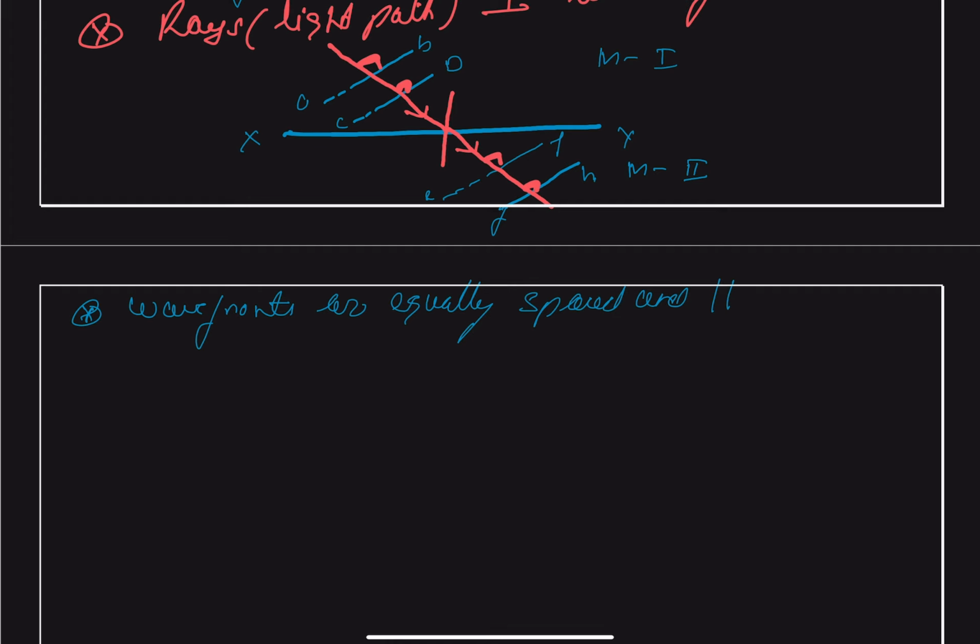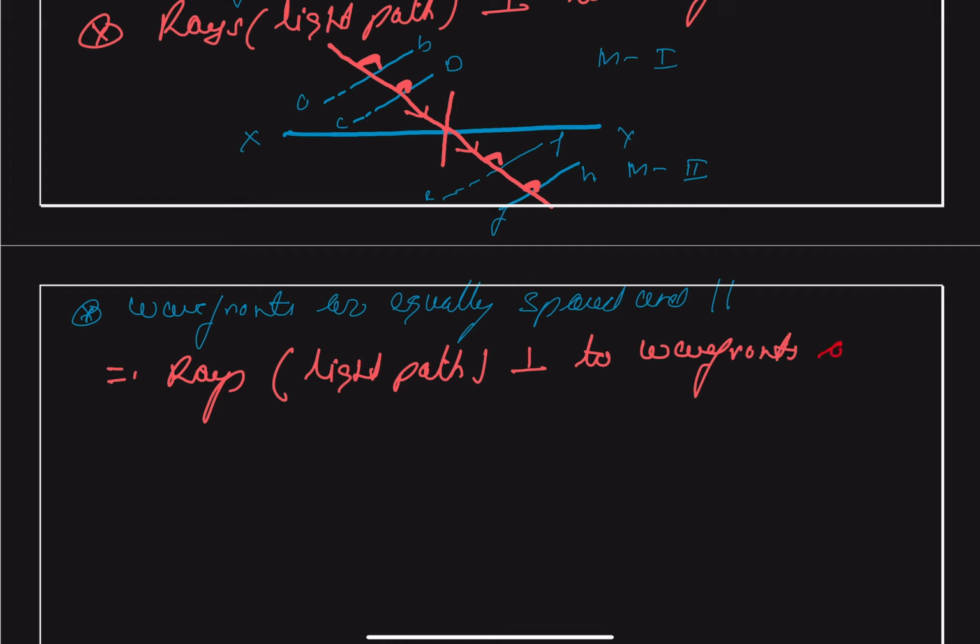Therefore, from here we can say that the rays or light paths perpendicular to the wavefronts are parallel lines.